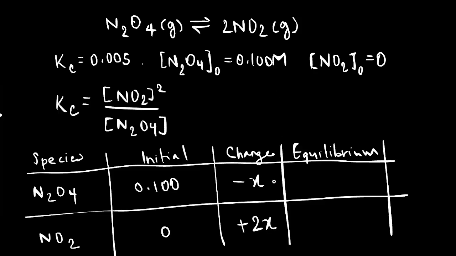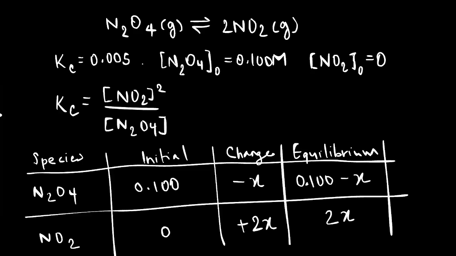So we write this in this way. And then at equilibrium, what we would have is our initial concentration minus this x for our N2O4, and our initial concentration in this case is 0 for NO2, so we would end up with 2x. So this is what we're looking at for our ice table here.